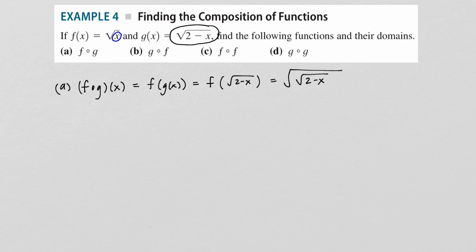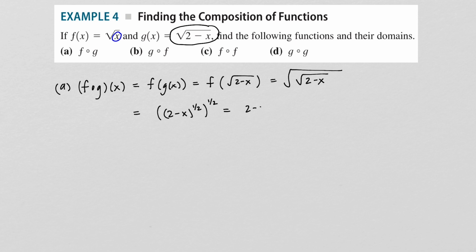Now you could leave your answer like this, but if we remind ourselves that the square root is a 1/2 power, then the square root of 2 minus x can be written as (2 minus x) to the 1/2 power. And then that is also raised to the 1/2 power because we have another square root on the outside of that. And when you have a power to a power, you multiply those powers.